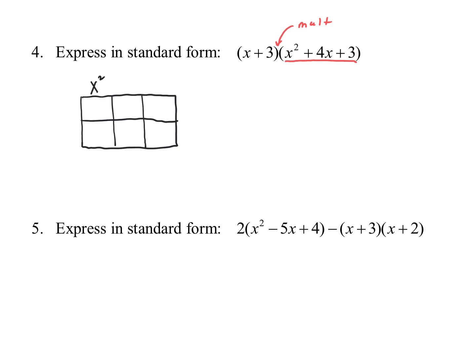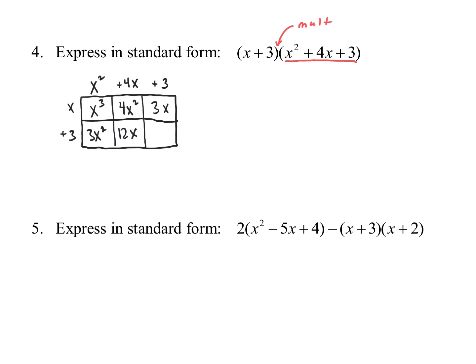It does not matter if you put this on the top or on the side, but I'm just going to put it on the top and put my x plus 3 here. So when I multiply my boxes out, I'm actually going to have an x to the 3rd now. I'll have an x squared, I'll have a 3x, smush all these together.